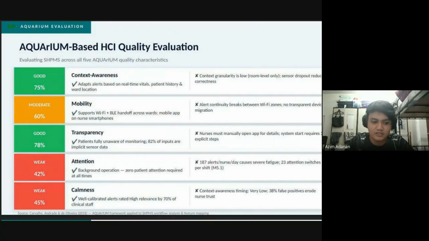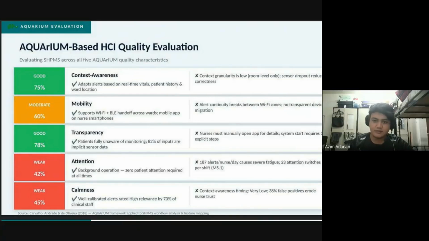And the last one is calmness, which scores 45%, also weak despite well-calibrated alerts. A 38% false positive rate is reducing nurse trust. Overall, attention and calmness are our two weakness areas, and these will be addressed in our improvement prototype.